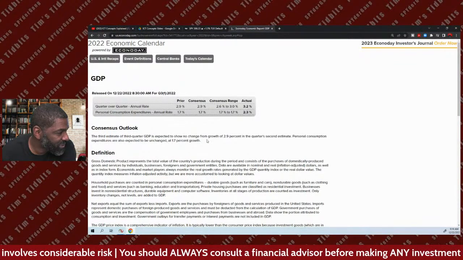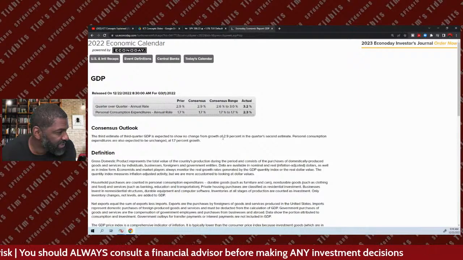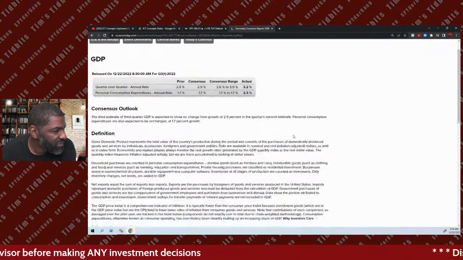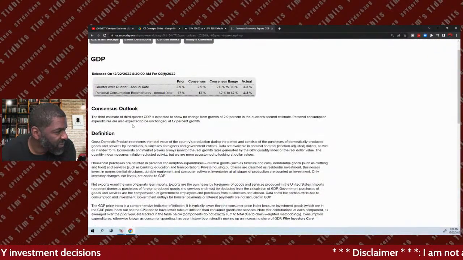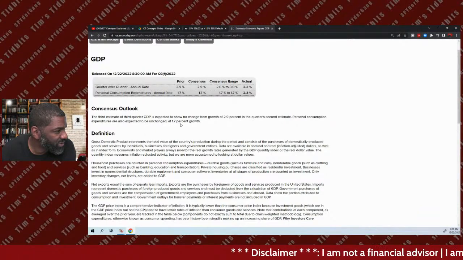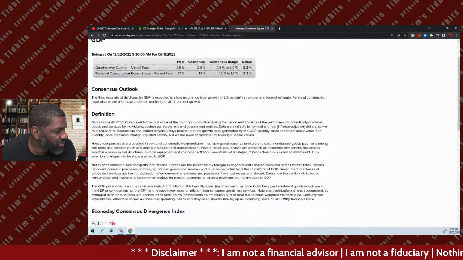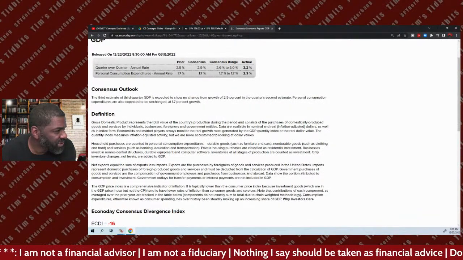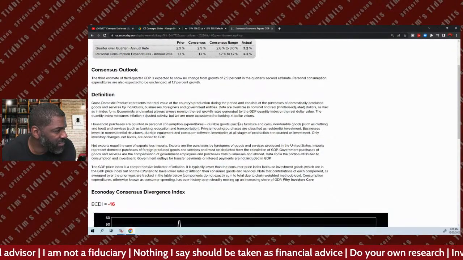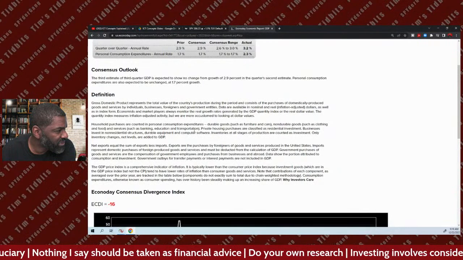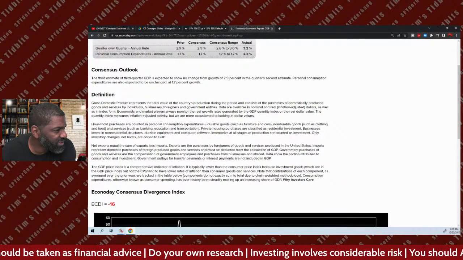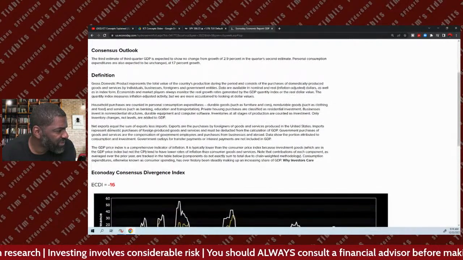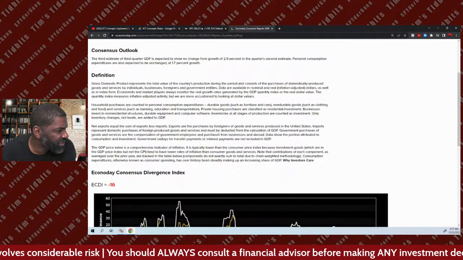The third estimate of GDP is expected to show no change from growth of 2.9% in the quarter. Second estimate personal consumption expenditures is also expected to be unchanged at 1.7% growth. Gross domestic product represents the total of the country's production during the period. Household purchases count durable goods such as furniture, cars, and non-durable goods such as clothing. Net exports equal exports minus imports.